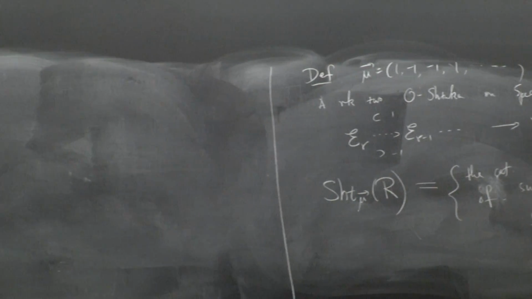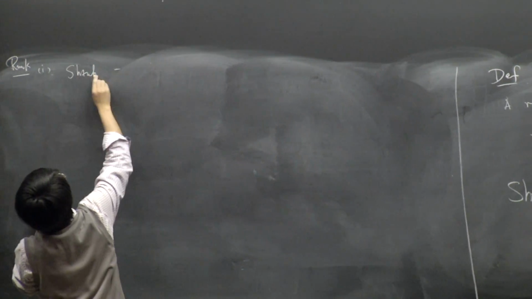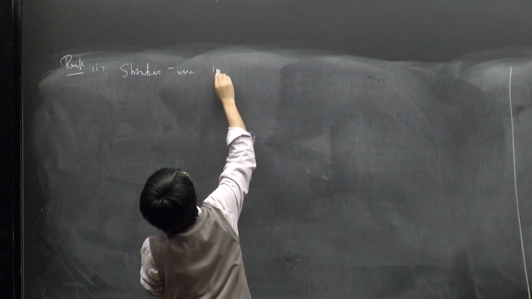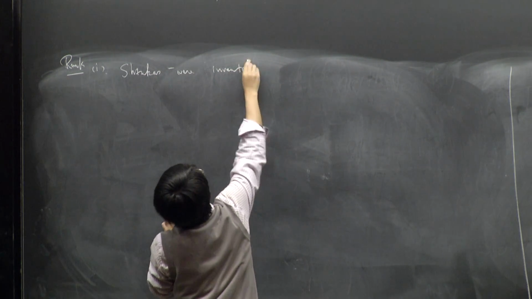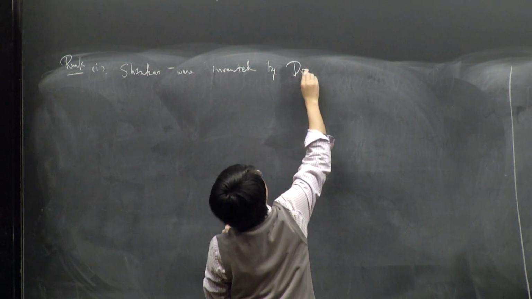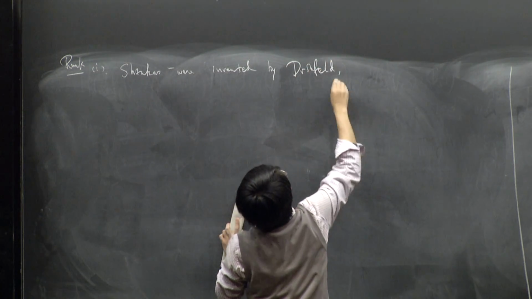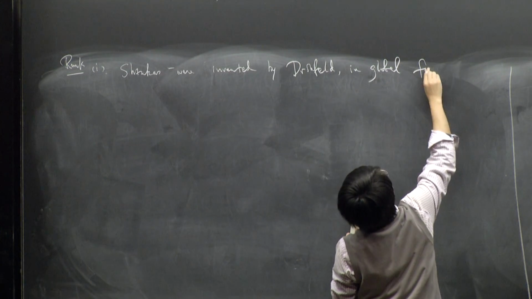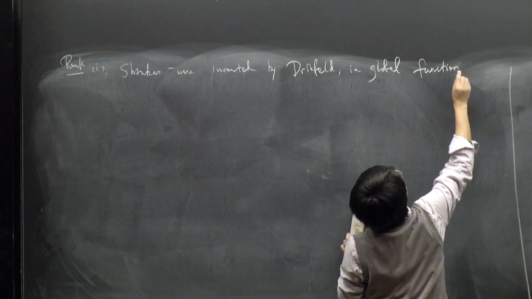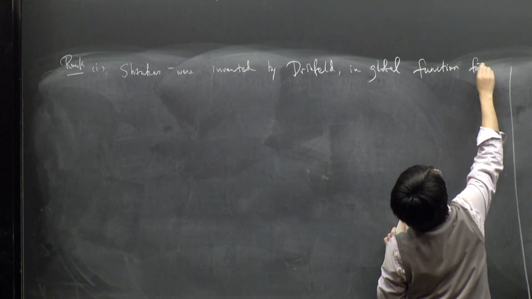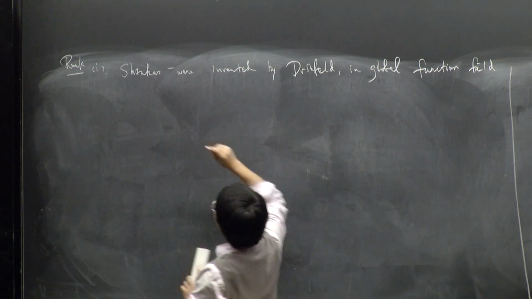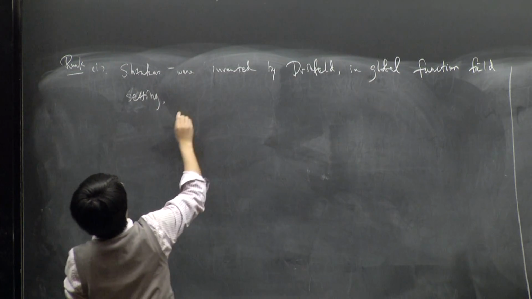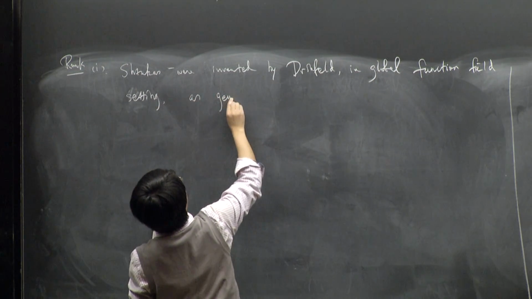The Shtukas were invented by Drinfeld in the global function field setting, as generalizations of elliptic modules.